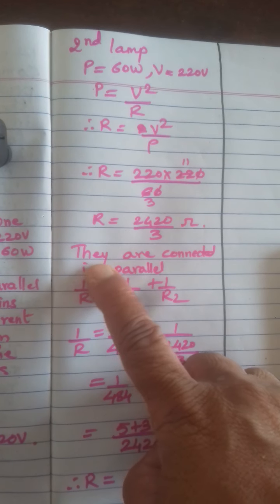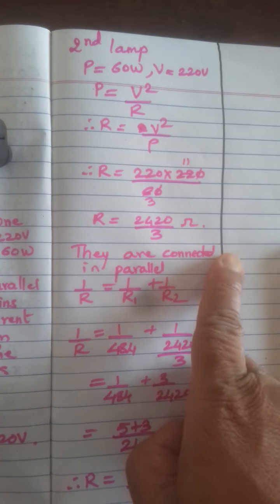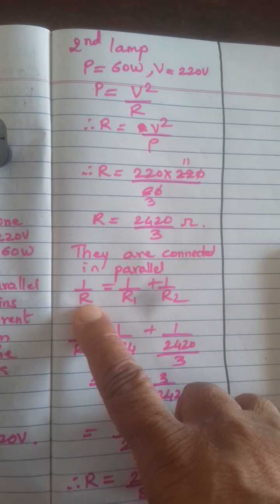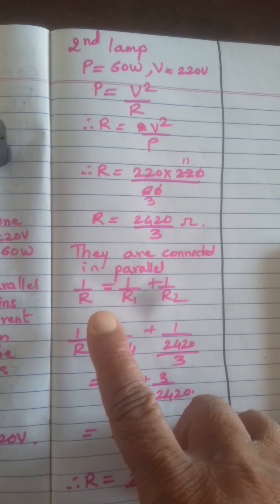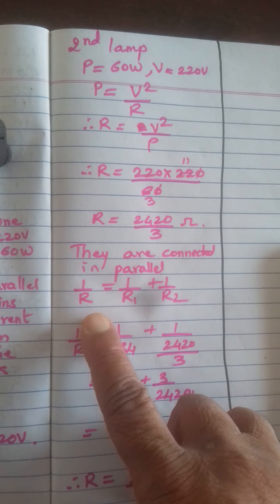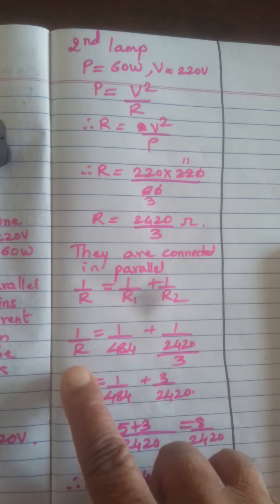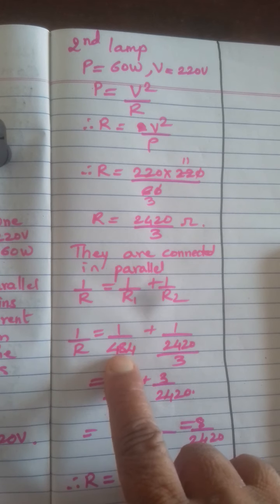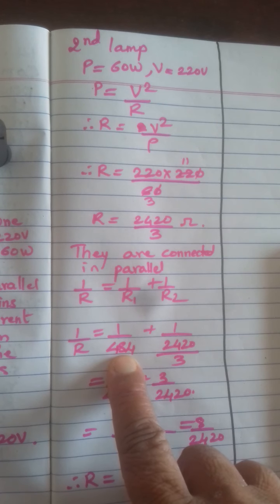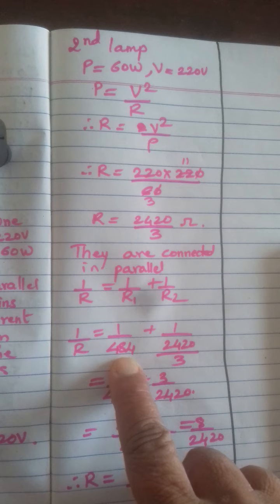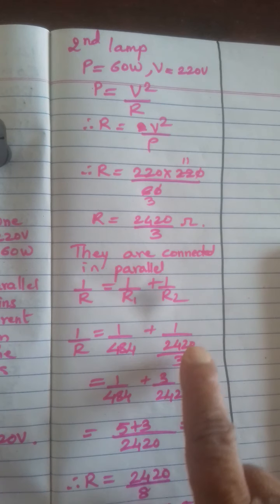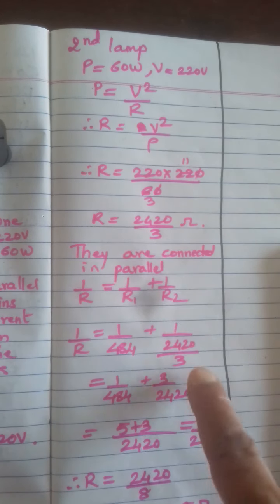Now both these lamps are connected in parallel. So the equivalent resistance or total resistance for parallel combination is 1 by R is equal to 1 by R1 plus 1 by R2. So 1 by R is equal to 1 by resistance of the first lamp is 484, that's what we have got, plus 1 by resistance of the second lamp is 2420 upon 3.